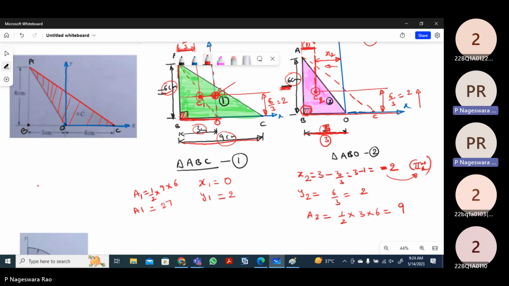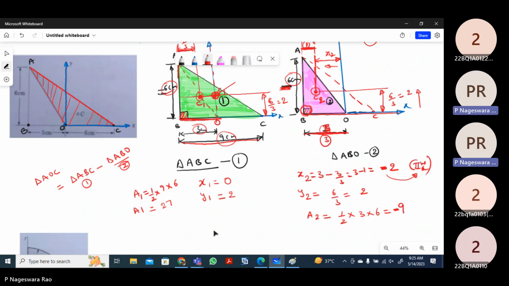For the region triangle AOC, I need the centroid. So I took the total triangle ABC and removed the portion, triangle ABO. Because the second area is removed, wherever A2 is there, give A2 a negative sign, that is minus 9.